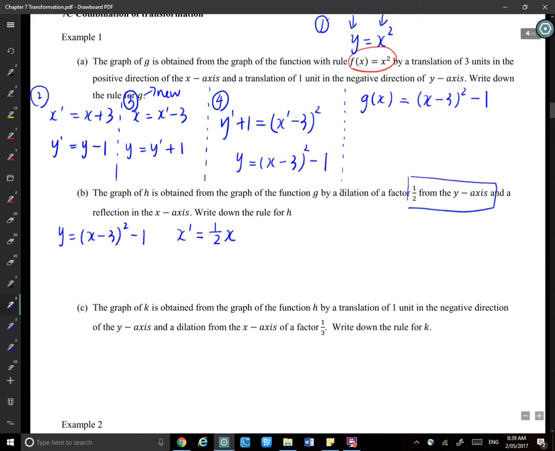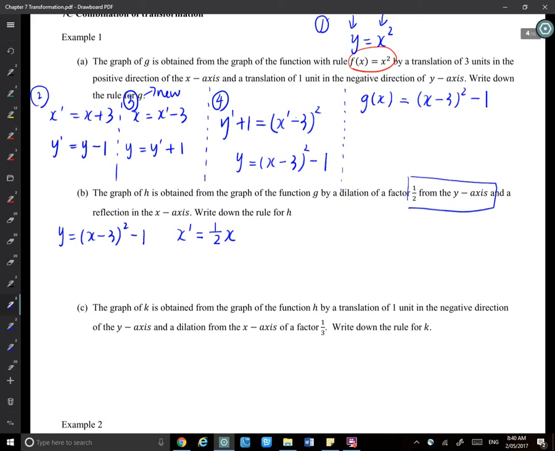Dilate from y is changing x, so the new x equals a half of the original x. From the y-axis, I go inside, narrower. Dilate by factor of 2 is stretch, so a half is narrower, so that will be x dash equals a half of the original x.